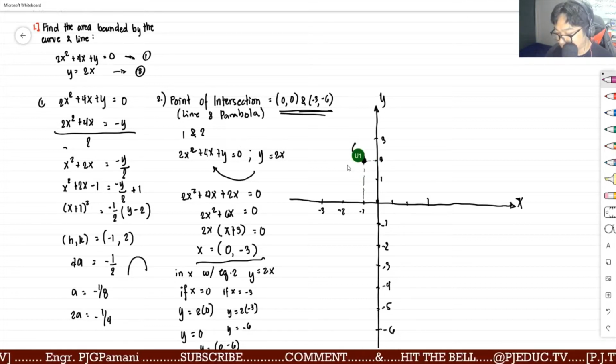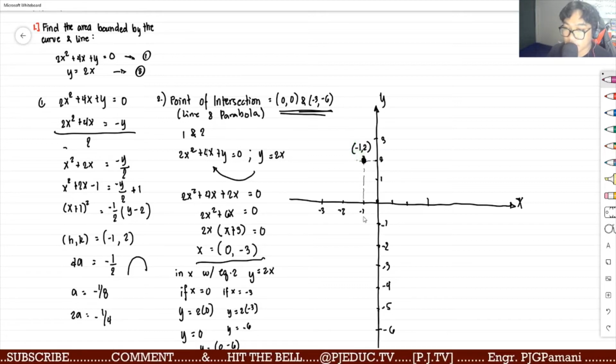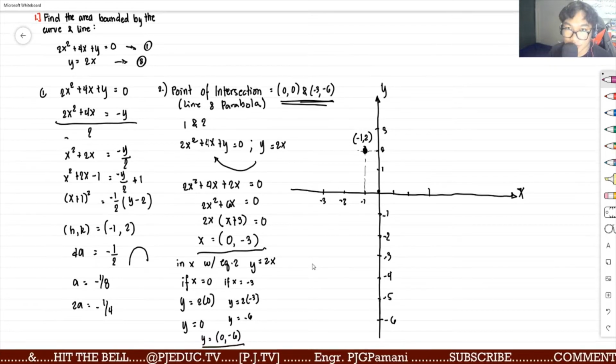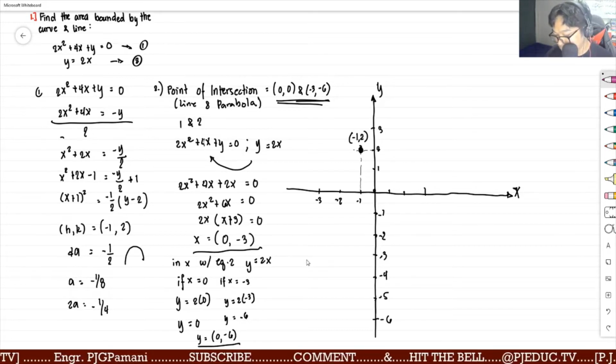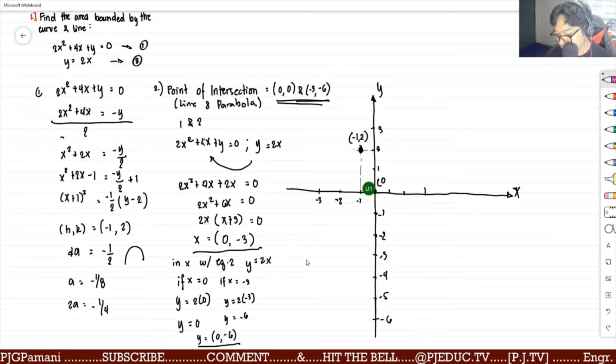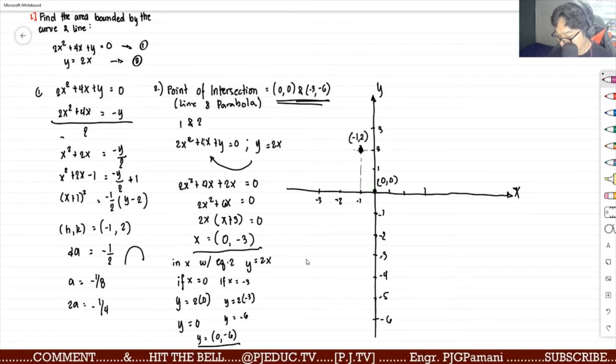Ito na yung ating vertex. Okay? So may vertex na tayo. Now, plot natin yung intersection points kung saan nag-meet si line at saka si parabola. That is (0, 0) and (negative 3, negative 6).